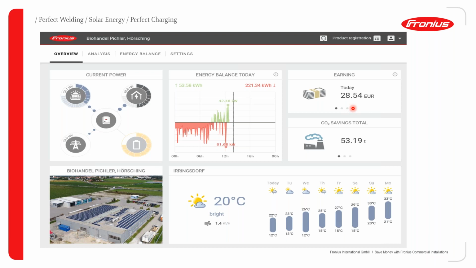You can also have an overview of your earnings per day, per month, and overall since the system installation, and of course information on how much CO2 we have actually saved. And very importantly, you also have the weather widget to inform you of how the irradiation is and help you in taking informed decisions when it comes to the usage of the generated energy.